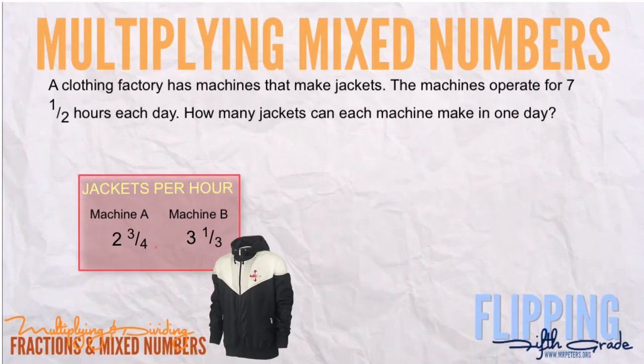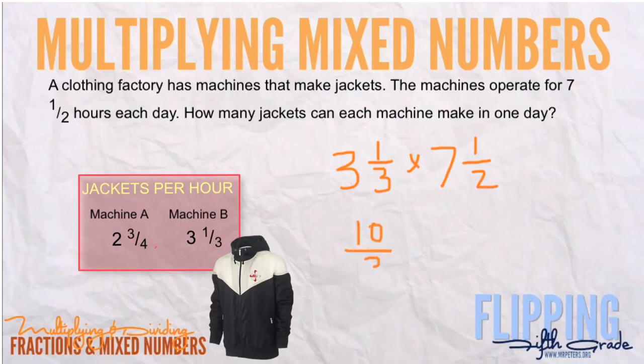Machine B, we're going to take 3 1/3 times 7.5. Using the same method, 3 times 3 is 9 plus 1 is 10 over 3 times 15 over 2. Now, with this method, you could notice right away that the 3 and the 15 can cross cancel.